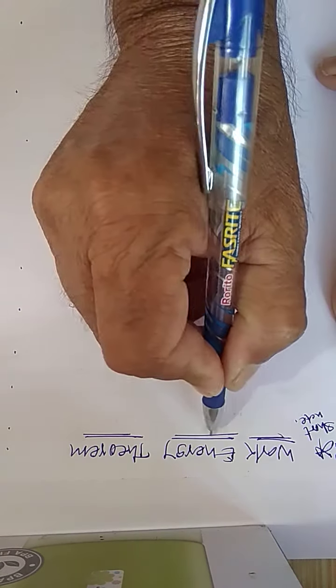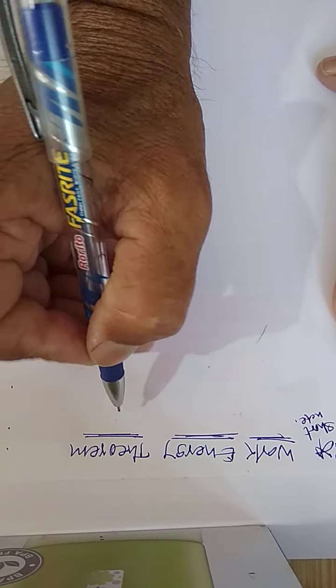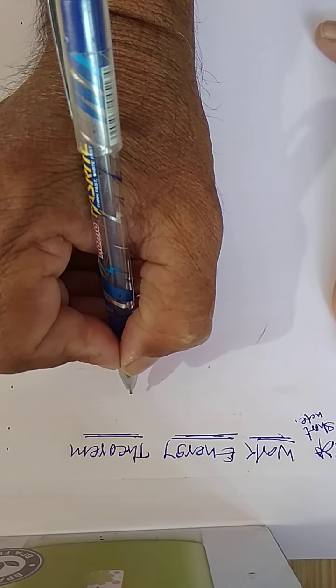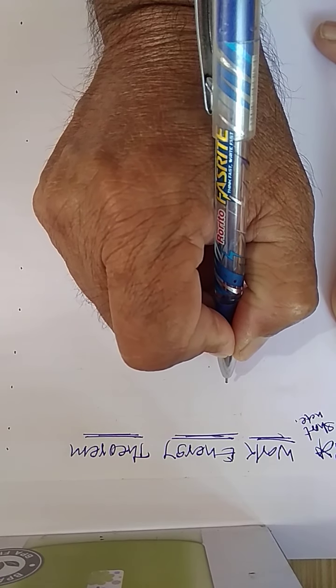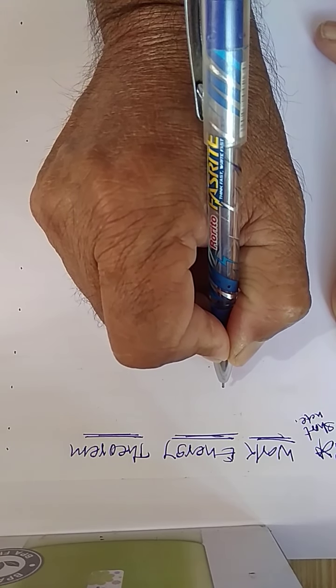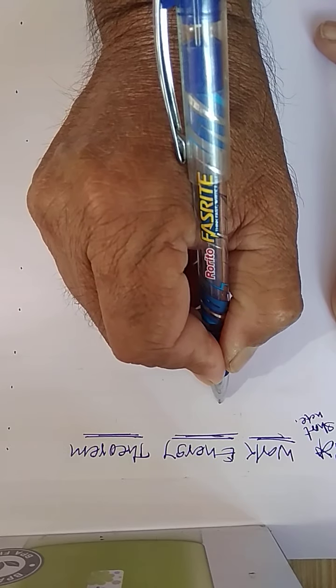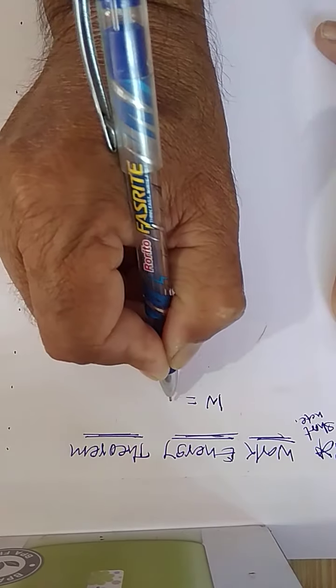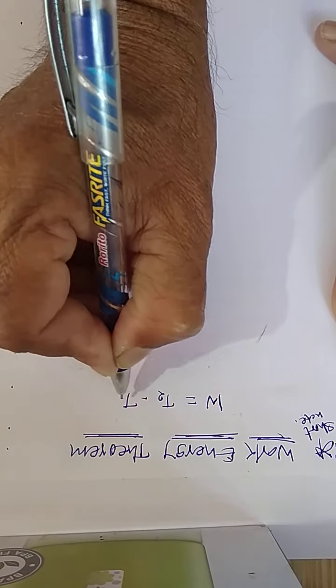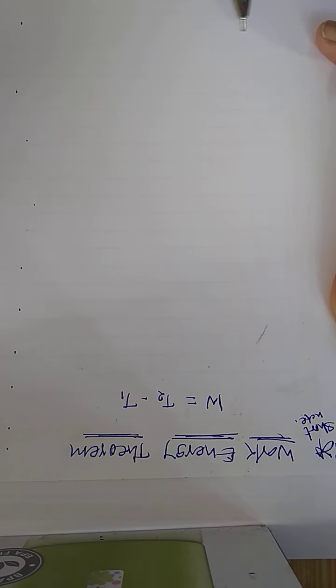Work energy theorem. The work energy theorem states that the work done by the resultant force acting on a particle is equal to T2 minus T1, that is, the change in kinetic energy.